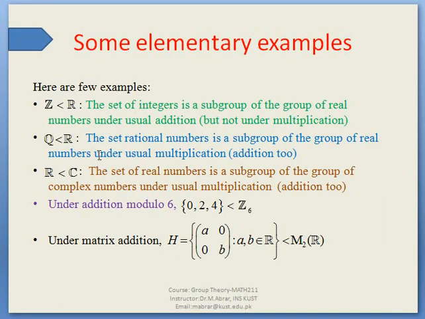Here are some elementary examples. The set of integers: we have already proved that the set of integers is a group under addition, and because it's a subset of R, by the above definition we can say it is a subgroup of R. The same applies to the set of rational numbers and the set of real numbers as well.